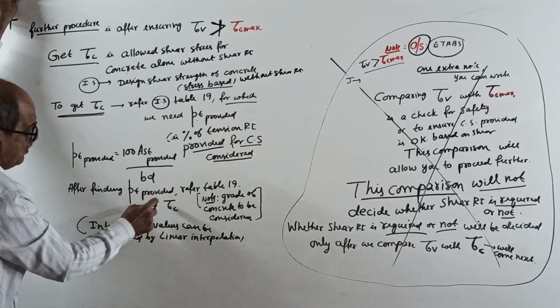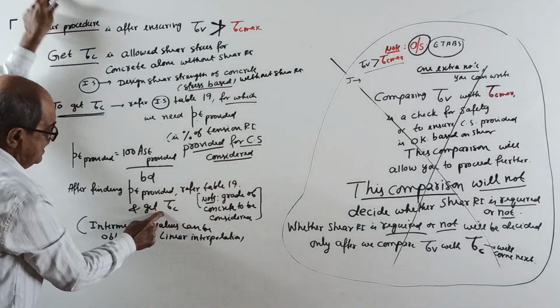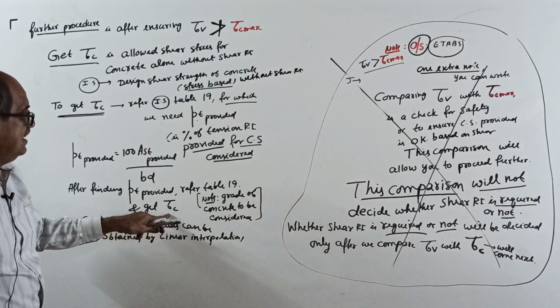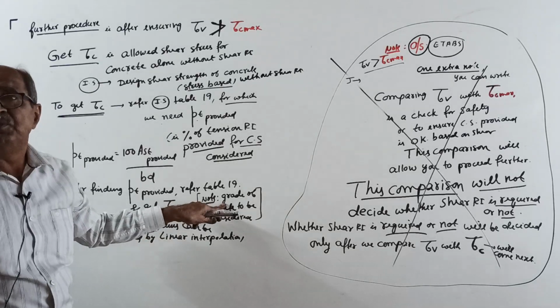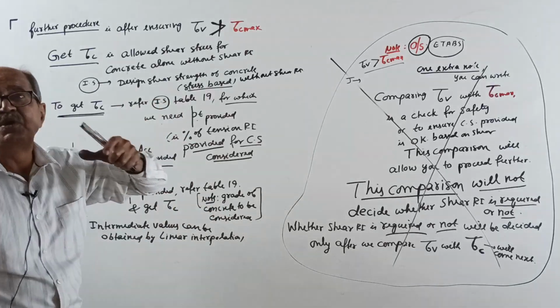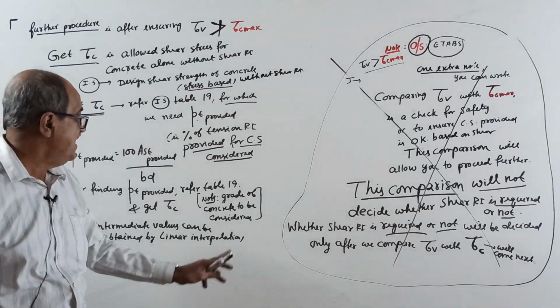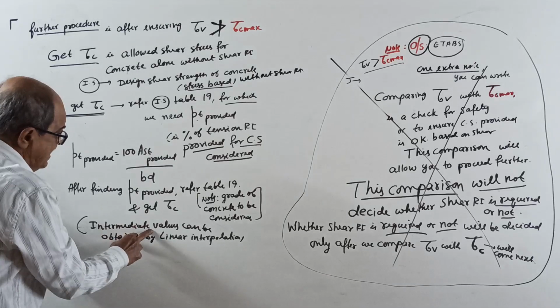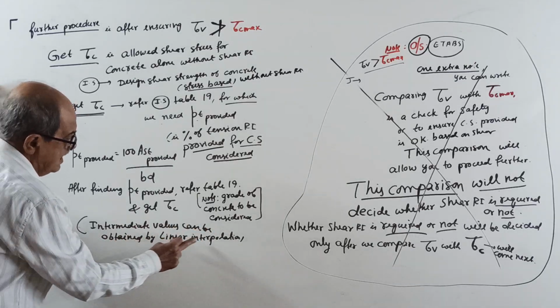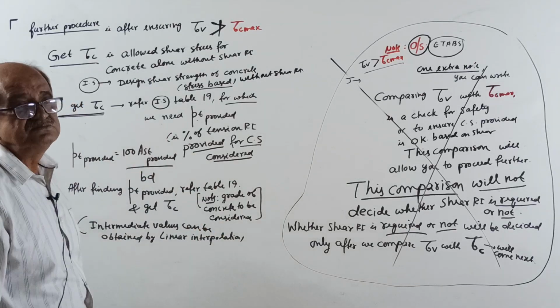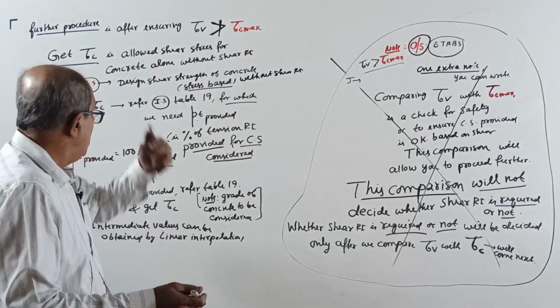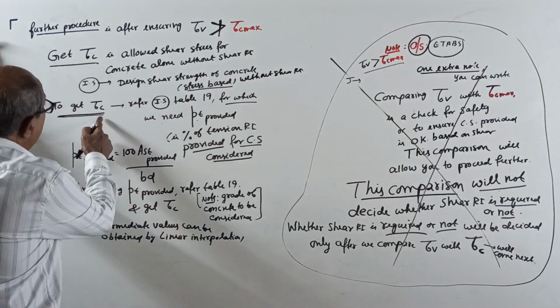After finding PT provided, refer to Table 19 and get the value of tau c. Note, the grade of concrete also has to be observed, because in the table you can see M15, M20, M25; refer to whichever is the concrete grade. Intermediate values can be obtained by linear interpolation. Okay, this is the step to get tau c.